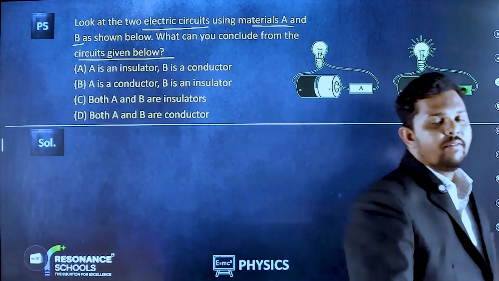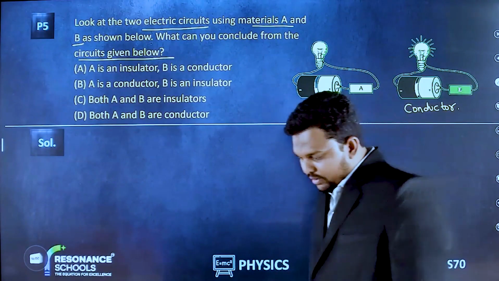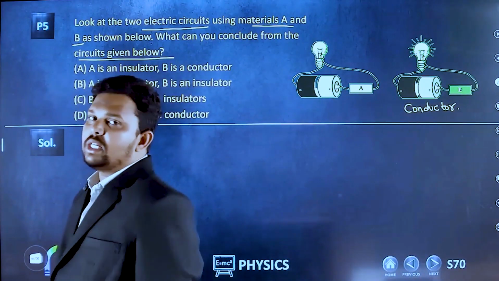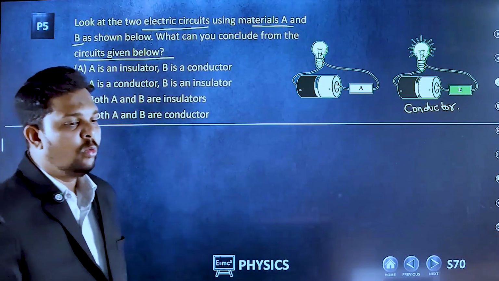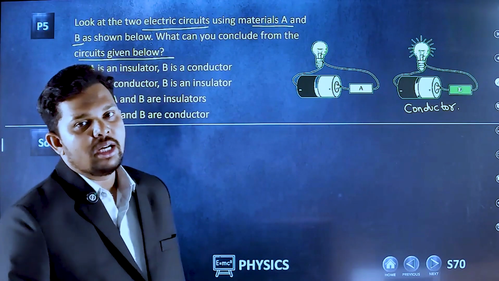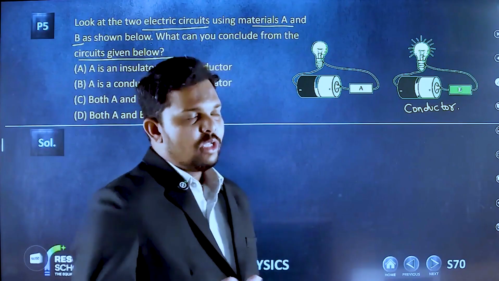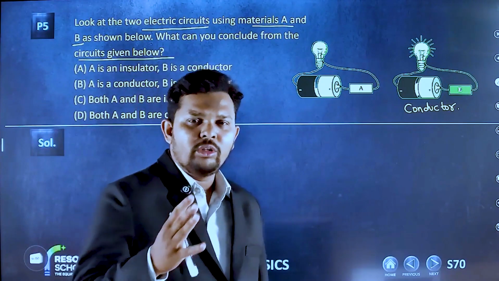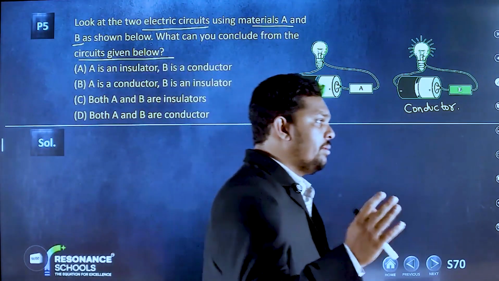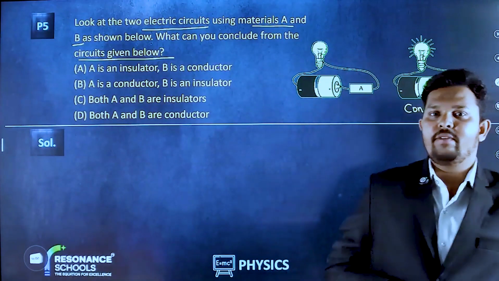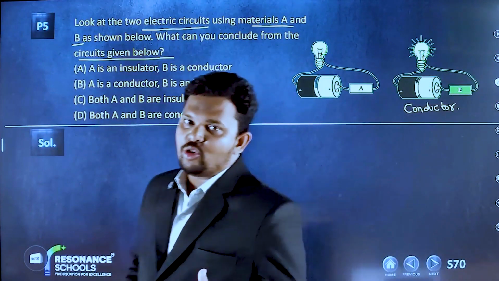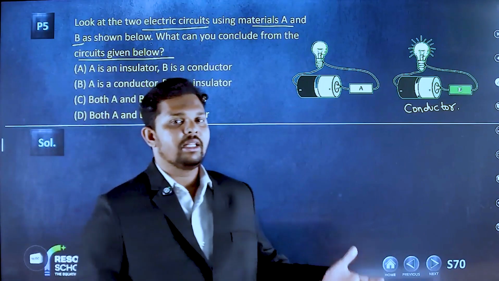The definition: a conductor is the one which allows the current to flow through it. I know every student has memorized this definition, but a few students have joined in between, so I am taking the definition for them.